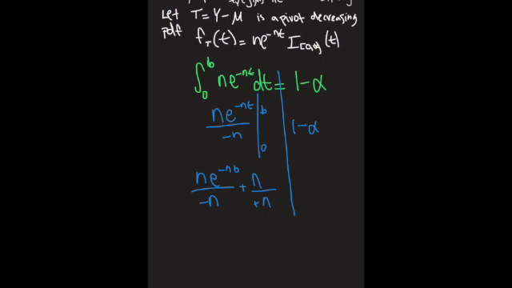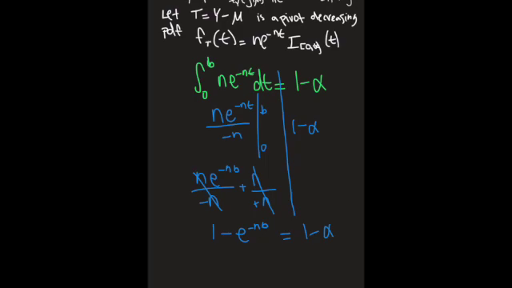Those two negatives make a positive. These ones right here make a 1. These ones right here make a negative 1. So in this case, if I rearrange it so I have the positive in the front, I have this so far. And again, on this one side, I still have 1 minus alpha.